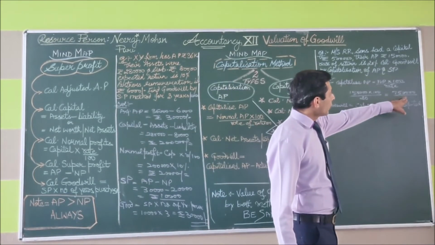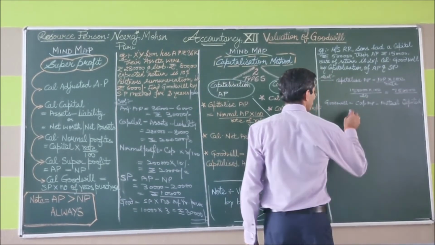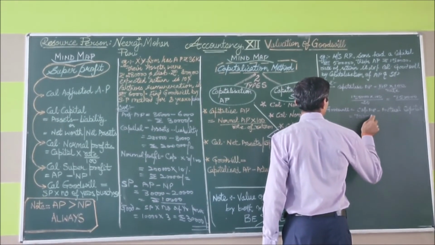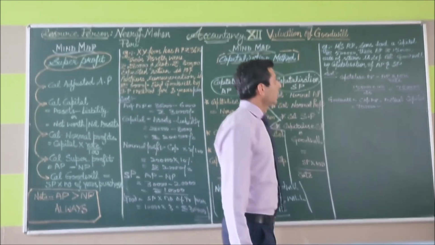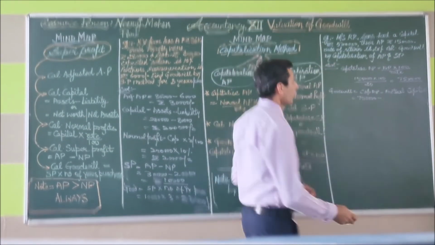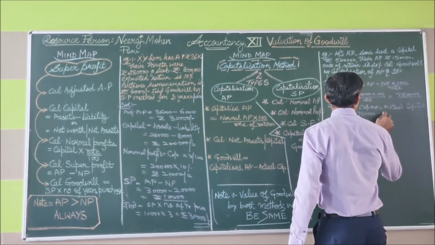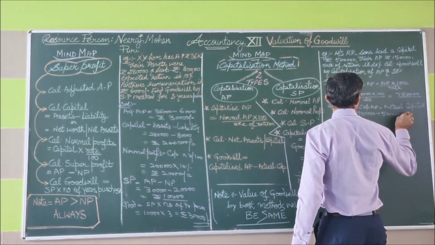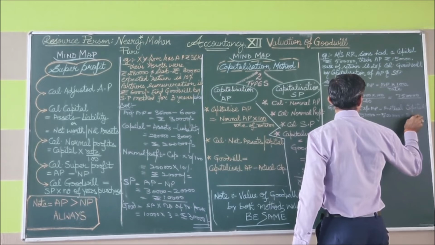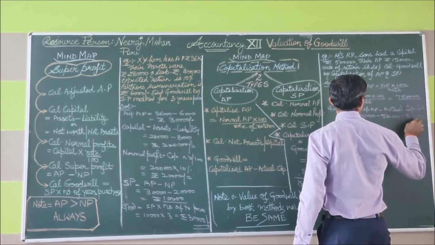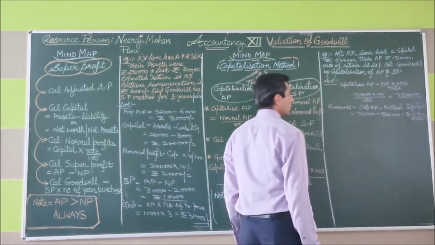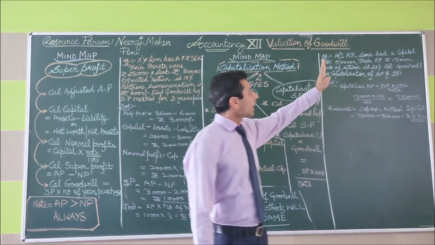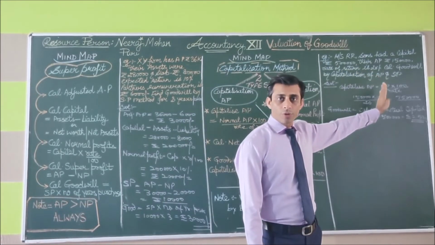Capitalized average profit is right here, 7,50,000 rupees, minus the actual capital, which is given as 5 lakh. The result is rupees 2,50,000, 2.5 lakh. So this is the answer of goodwill using capitalization of average profit.